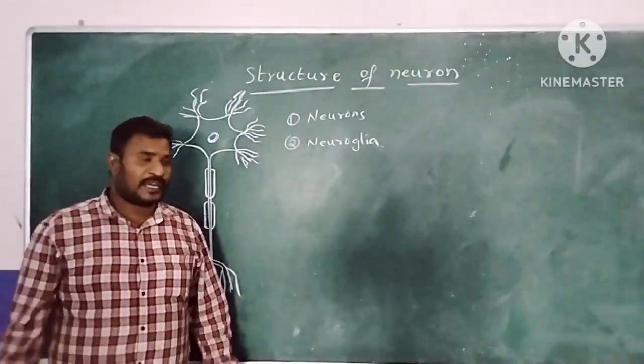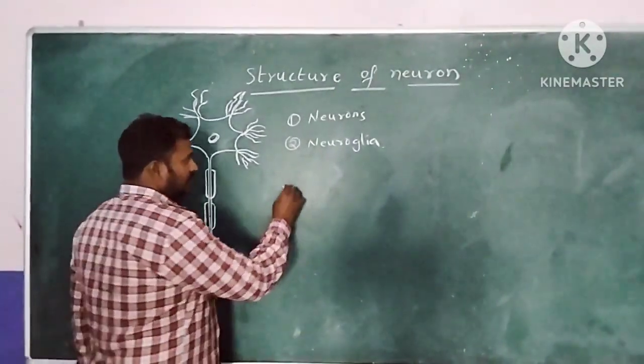Different cells together form the neuroglia.